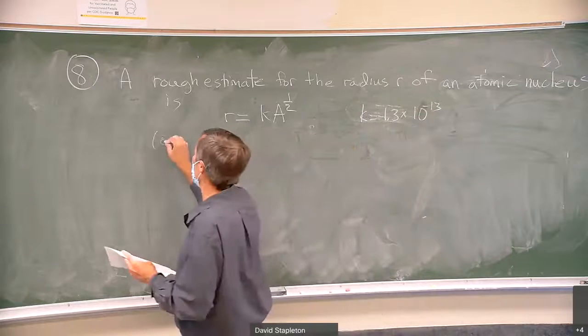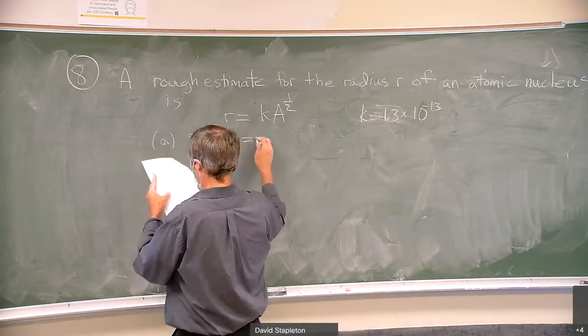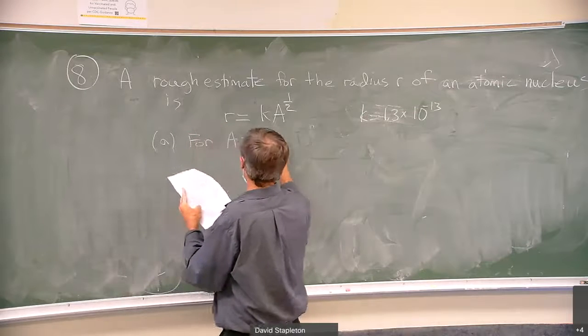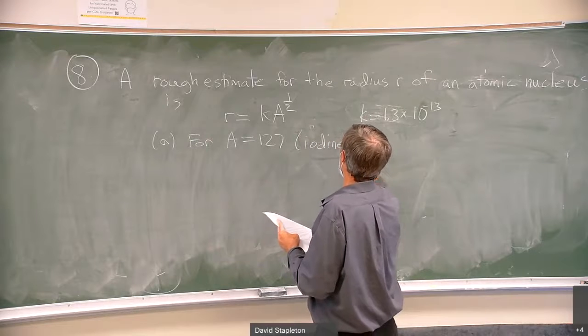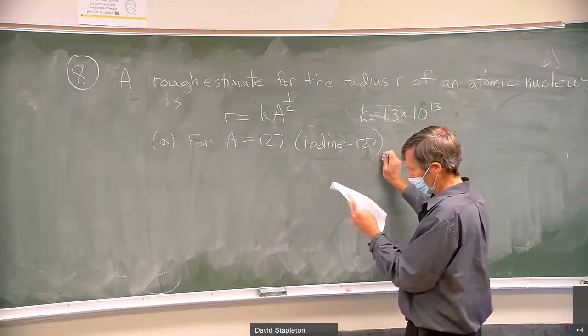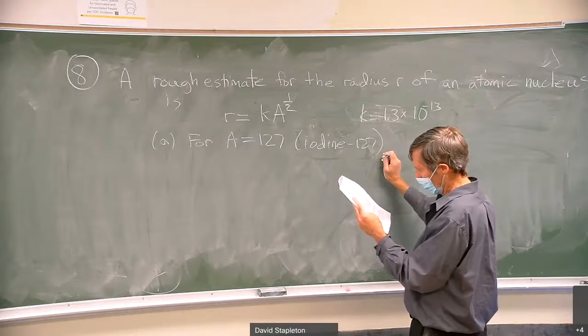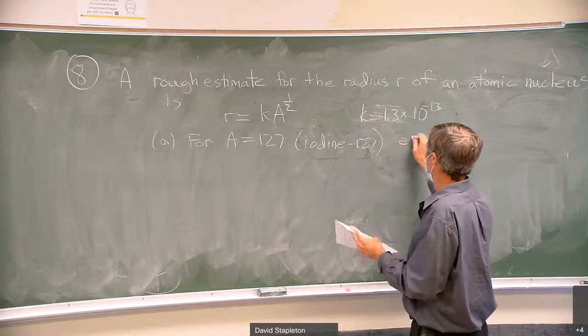For a specific atom that has mass number 127, that's iodine. Estimate R.